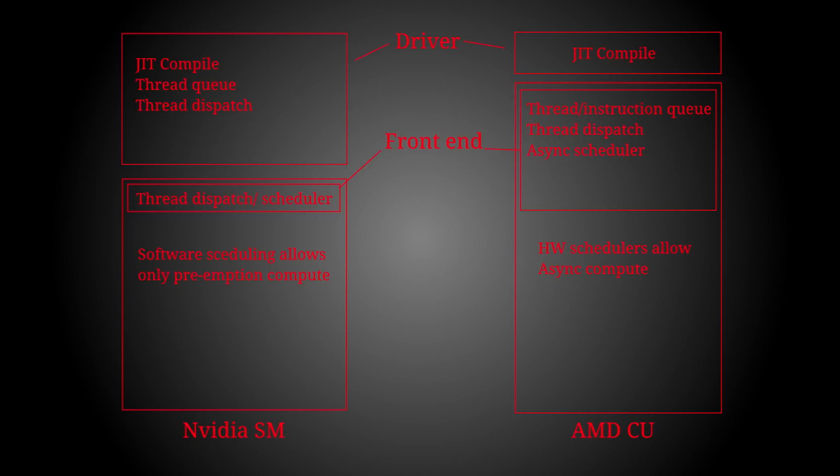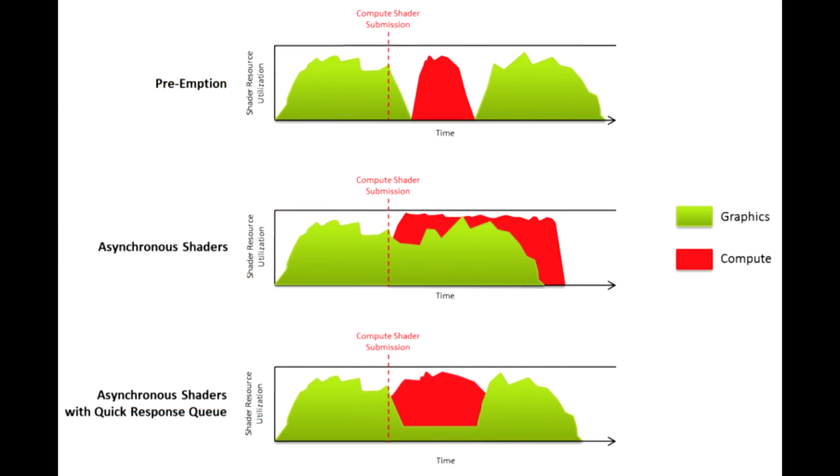Now, however, Nvidia's driver can't get low enough to the GPU hardware to be able to schedule work items asynchronously. Therefore, Nvidia uses preemption techniques, which means that when another work item wants to be executed, it's not done asynchronously. It's executed by halting the current thread and starting a new one.